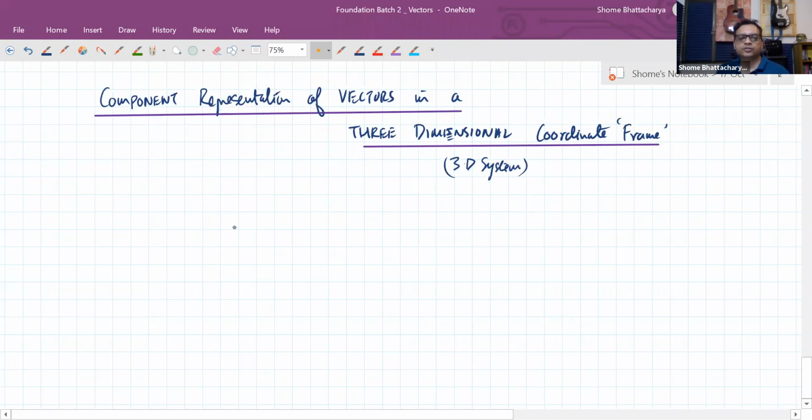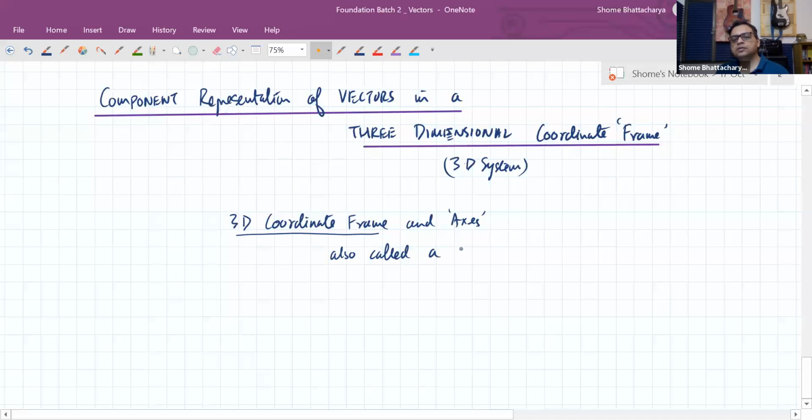Okay, so first of all we have to understand a 3D coordinate frame, how that looks, and the axes involved in that. This is also called a rectangular coordinate system or a rectangular frame. The term rectangular is used in the same sense as this.